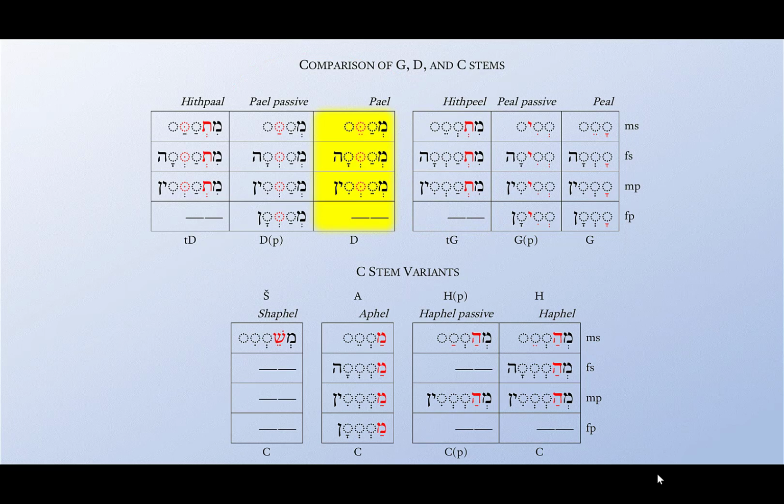Okay, so the D, DP, and TD stems all have that doubled middle consonant that we expect with the paradigm setting pa'el, right? Okay, and then we're going to notice the difference between pa'el participles and the pa'el passive. And that is in the masculine singular forms, there's just that different vowel pattern.